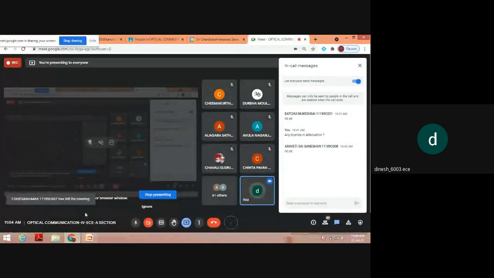So any queries in this scattering loss and absorption loss, you can type in the chat box. I'll give you 4 or 5 minutes of time. You can discuss. If any queries, you can type in the chat box.